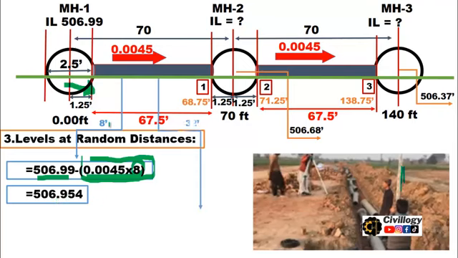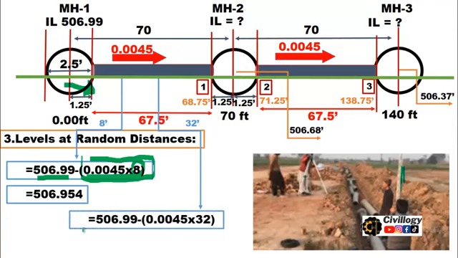Similarly, if you want to calculate at 32 feet, the same formula will be applied. Now the distance is 32 feet from manhole number 1, and the level of the manhole is 506.99. Simply subtract this product, that is slope multiplied by distance.